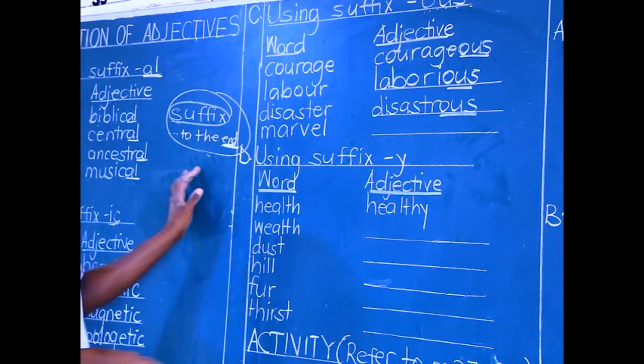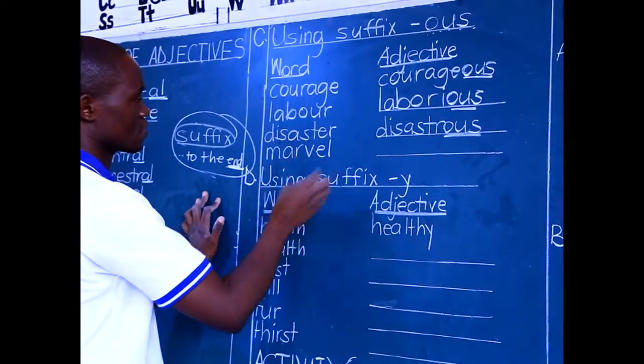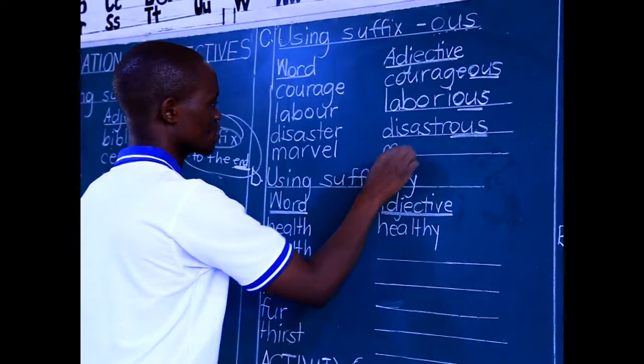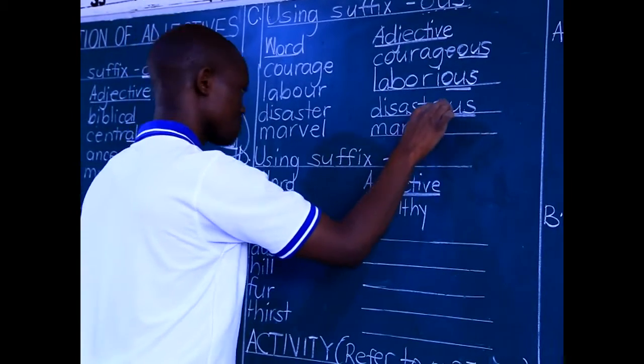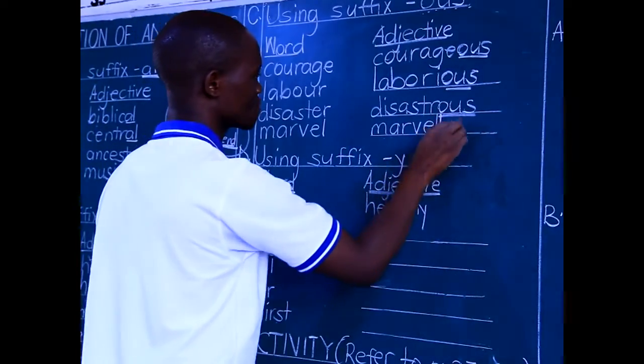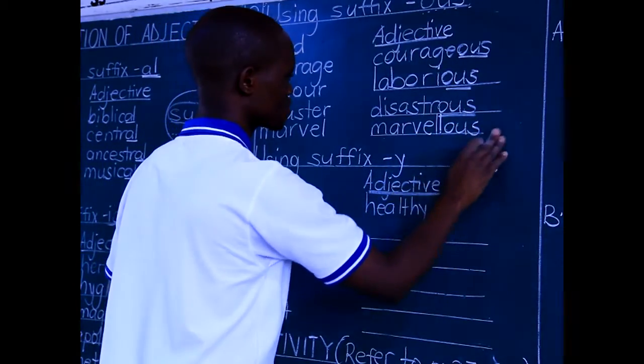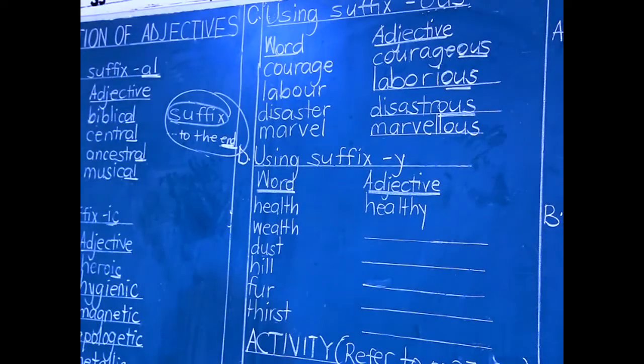Marvel is another noun, can also be a verb. Change it to marvelous. V-E-L-L-O-U-S if you are a Briton. If you are from Britain, use double L. If you are from US, you can use single L for marvelous.